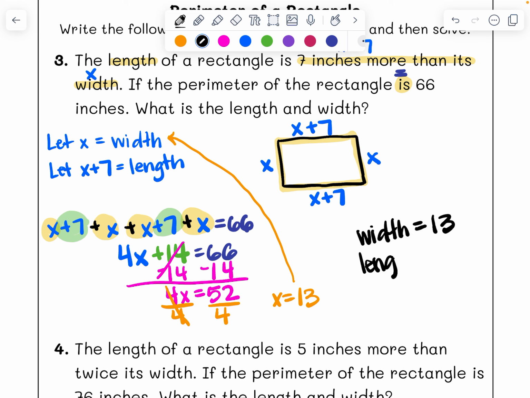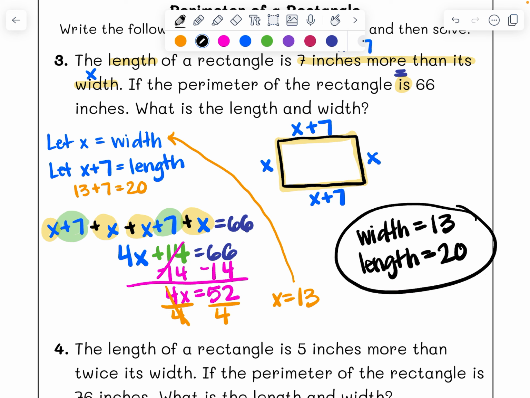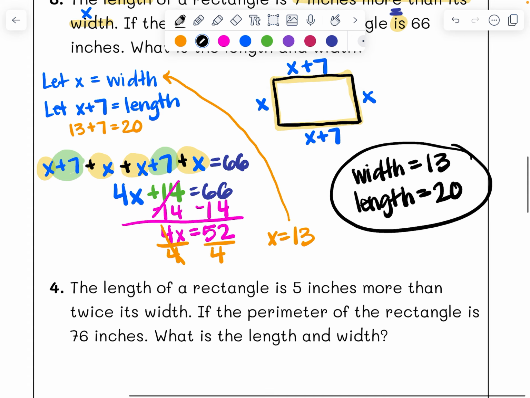But what is the length? The length was x plus 7. So if x is 13, then the length is 20. So here is the answer to my question. The length is 20, the width is 13. If I just answered x equals 13, I have not answered the question.